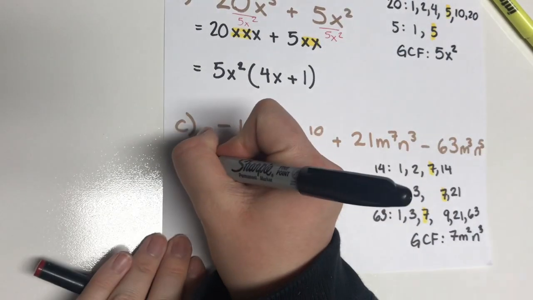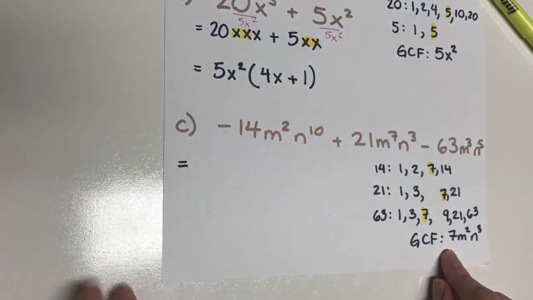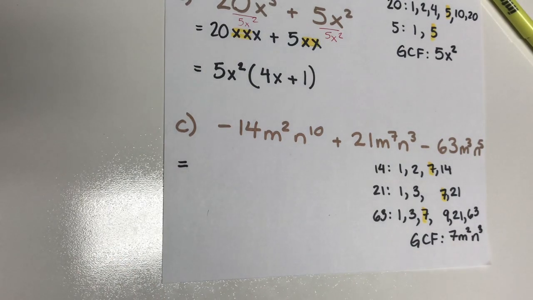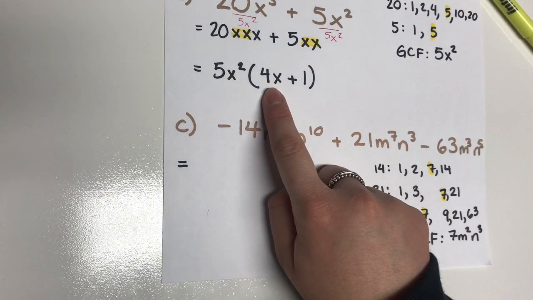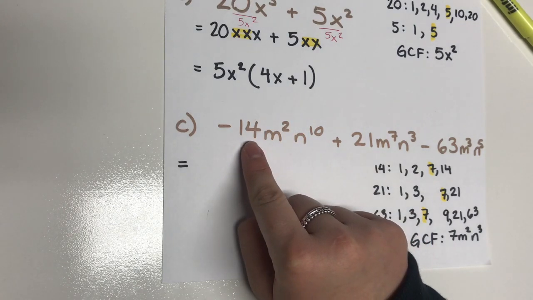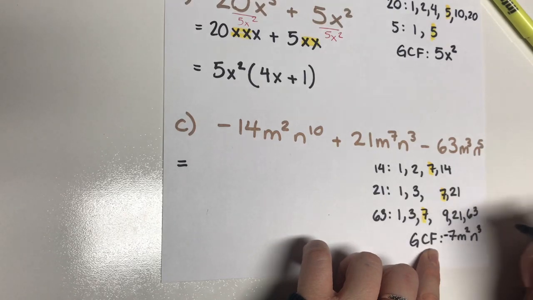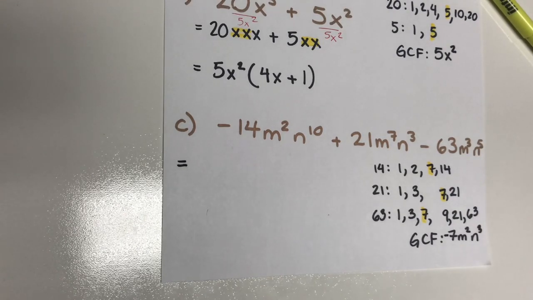So now I'm going to divide it out. The thing is, our first term has a negative sign in front of it, and math convention is that in our brackets, we don't want to start our bracket off with a negative number. So what we're actually going to do when the first number is negative, our GCF is actually negative 7, m squared n to the power of 3.